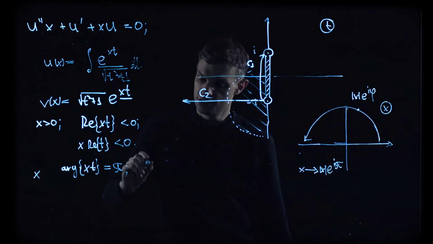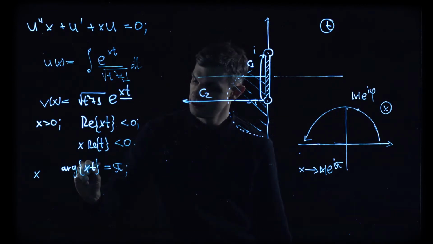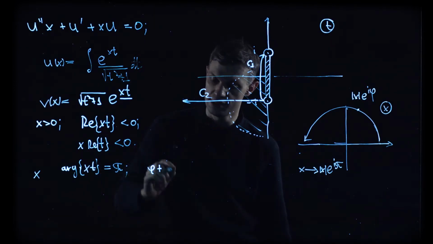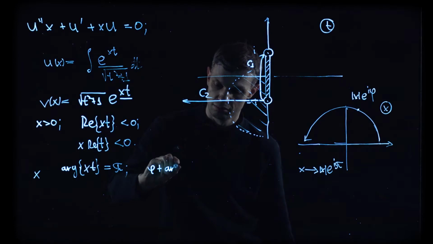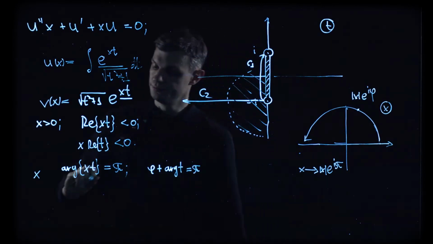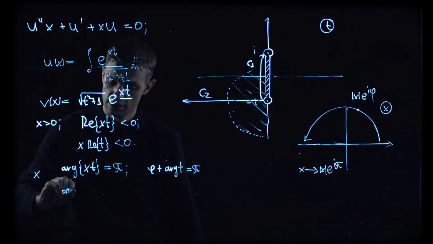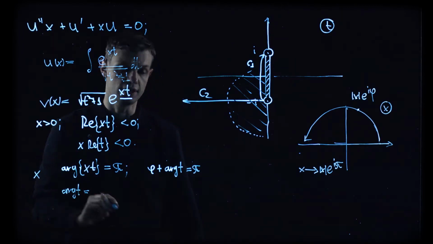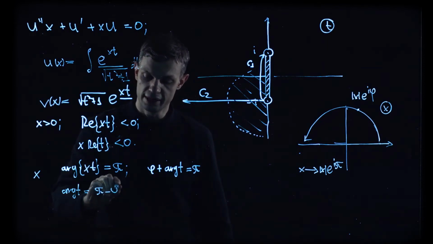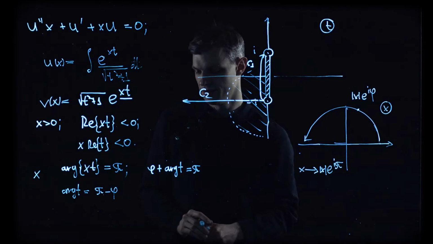So the condition is changed: now the argument of x, which is phi, plus the argument of t should be equal to pi. So the argument of t, if we are interested in the steepest descent direction, should be pi minus phi, where phi is the argument of the x variable.